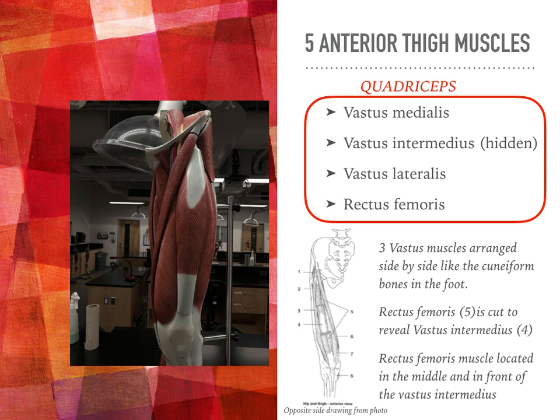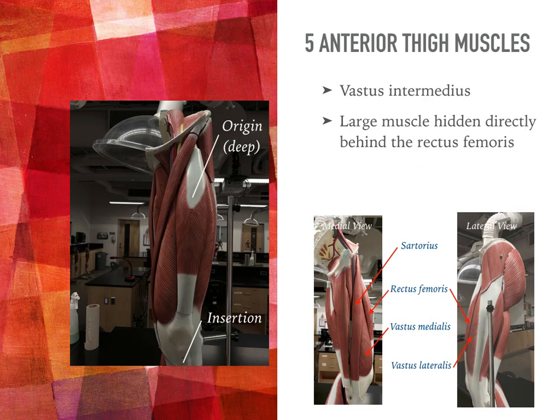Notice within these 4 that we can only see 3 in a diagram. The vastus intermedius muscle is hidden directly behind the central muscle. And maybe let's talk about that vastus intermedius first. The vastus intermedius is directly behind the muscle in the center. It's one of 3 vastus muscles, and perhaps you noticed that in the previous diagram.